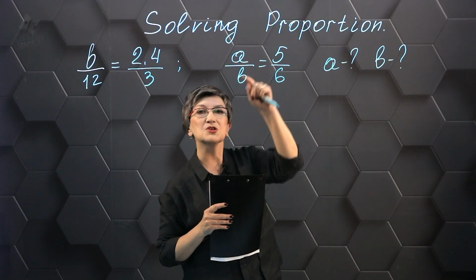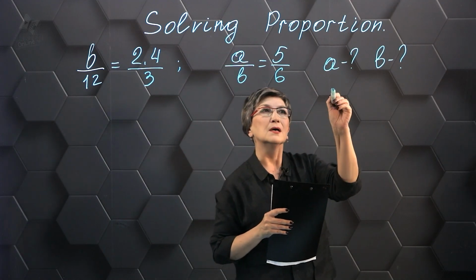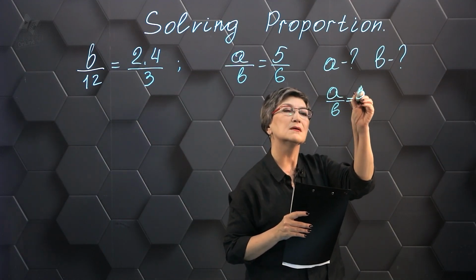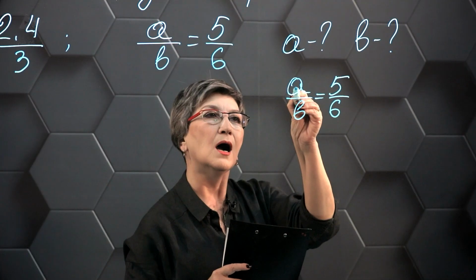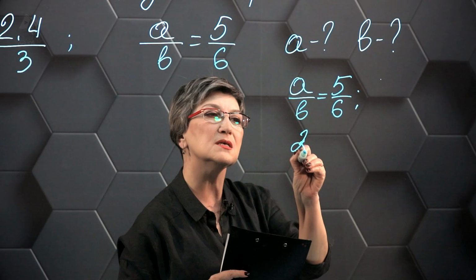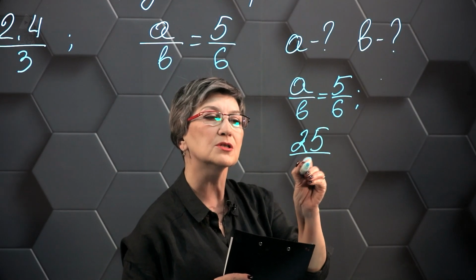Let's write down an example with you. A relates to B as 5 relates to 6. A can be equal to 25 and B can be equal to 30.